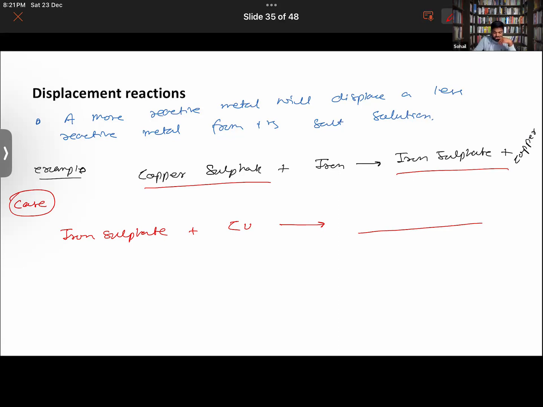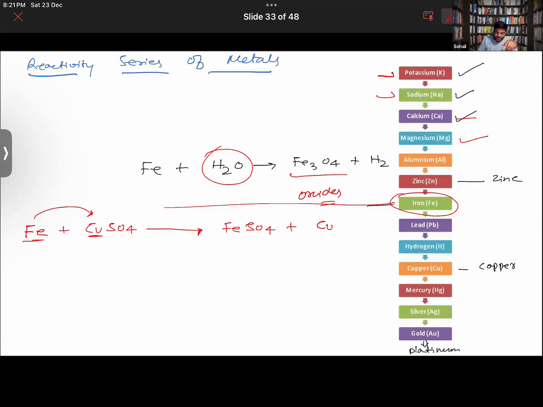No, sir. Why? Because when I check the copper and the iron, where does the copper lie? Copper lies below the hydrogen here, and iron is lying over here. So when I go above in the reactivity series, you get to meet more reactive metals, or when you go down in the reactivity series, the chemical reactivity decreases.